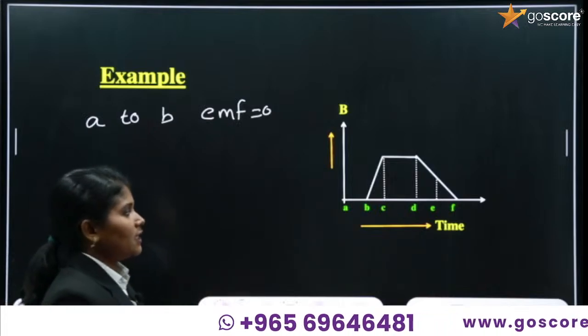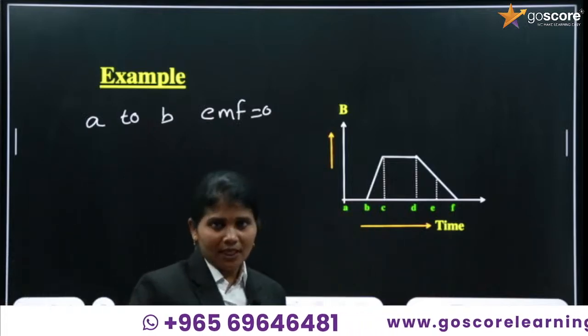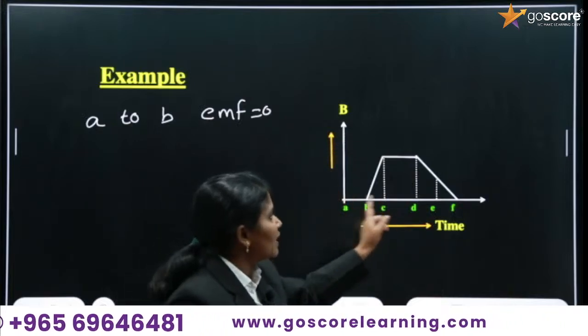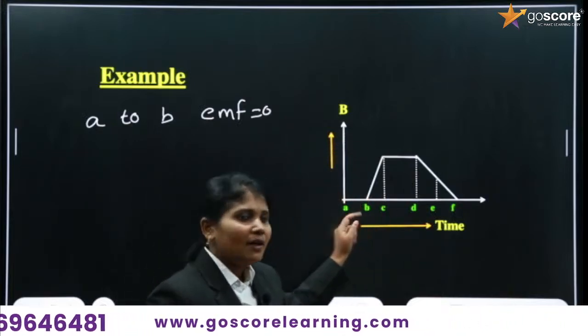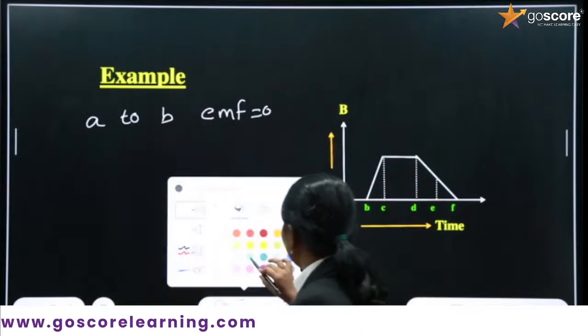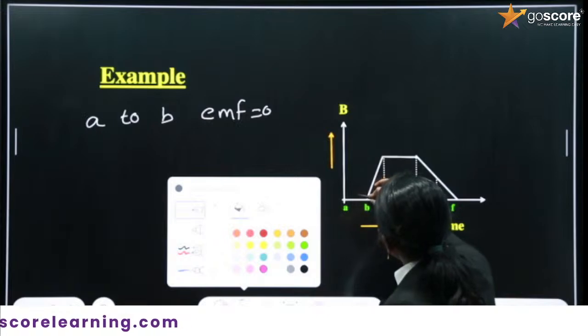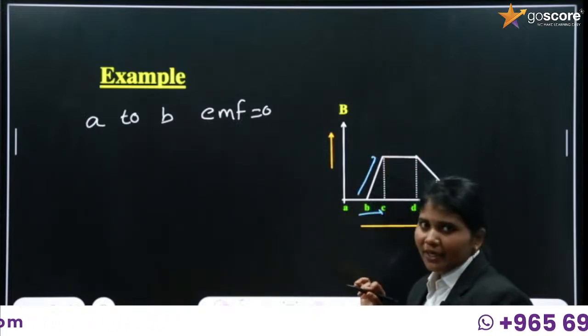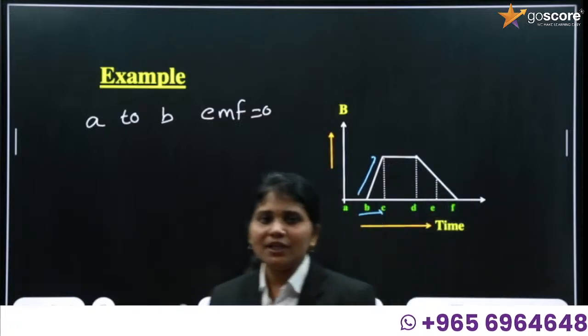Then after that, see guys, B to C. From B to C, the magnetic field is changing with respect to the time period. So what is the EMF condition?